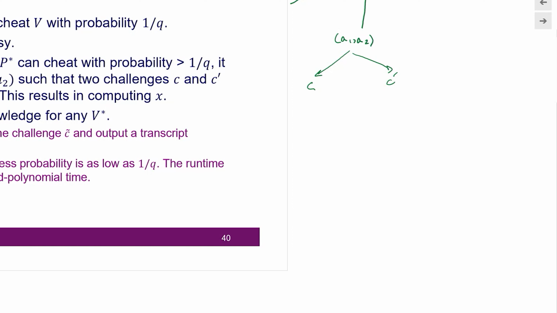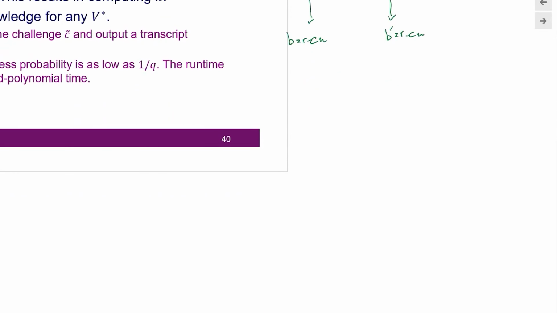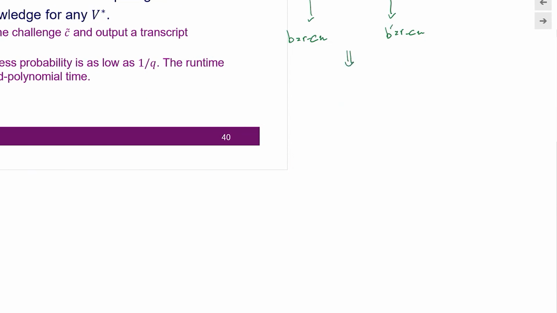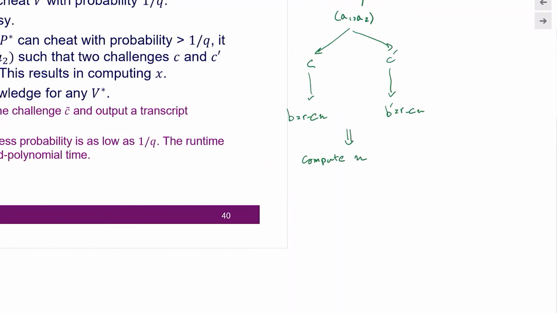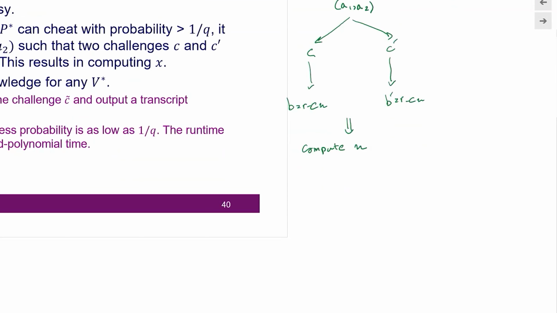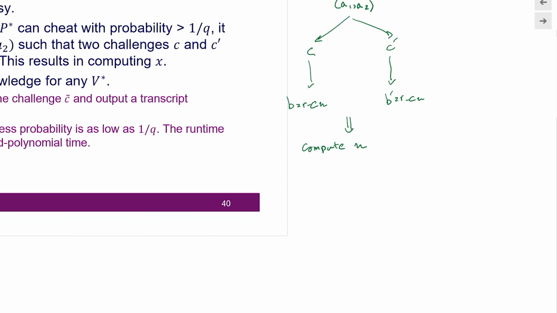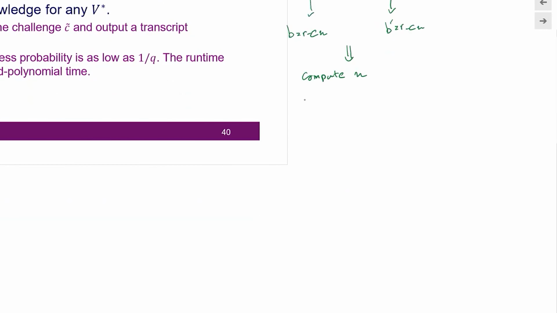But when we say that he can cheat with probability more than 1 over q, it means that he can guess two different C's, and therefore he can compute two different B's: B equals R minus CX, and B prime equals R minus C prime X. If that is the case, we can utilize this to compute X, our secret key. If a prover claims he can answer for two challenges, we can use that to compute X, so we can solve the discrete logarithm problem.